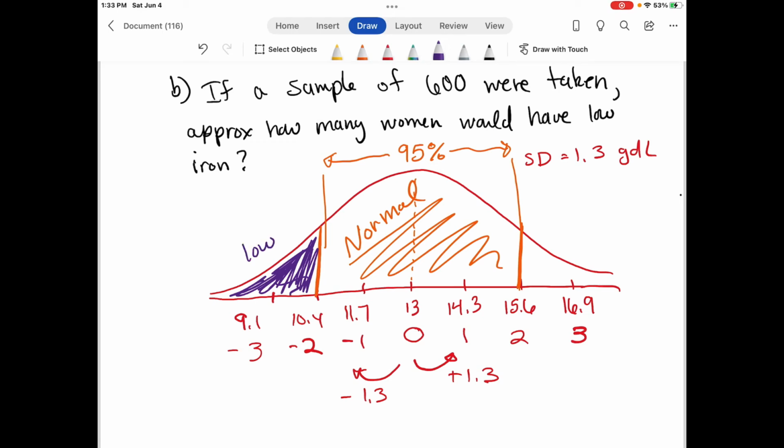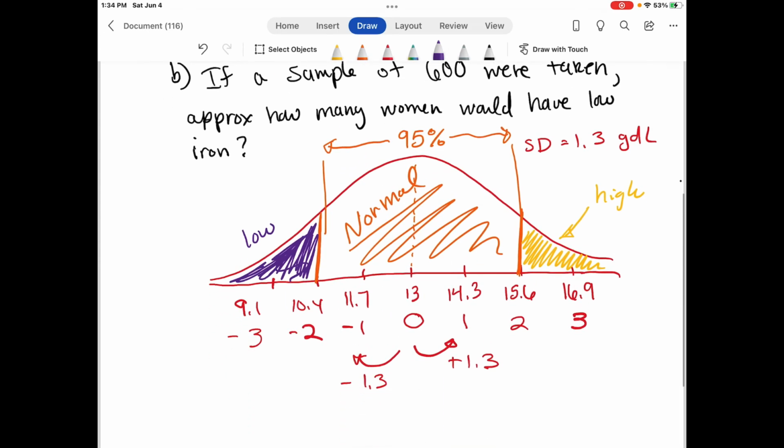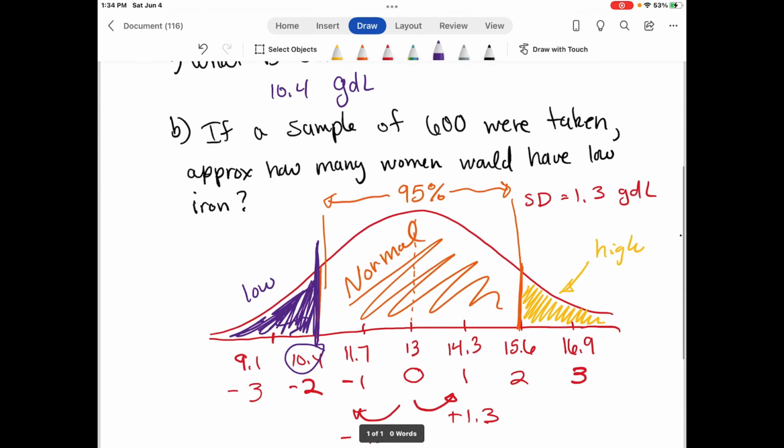And then you're considered high when you're above 15.6. Those are your extreme cases. So, what is considered low iron in this case would be if you fall below 10.4 g/dL. That's this value here. That's our cutoff point for low hemoglobin levels.